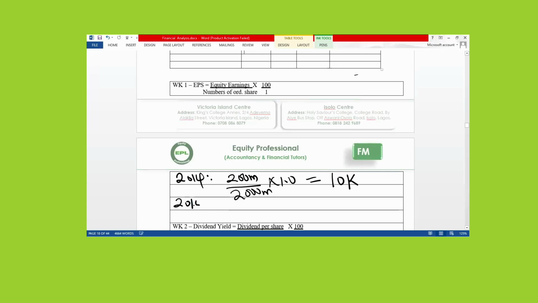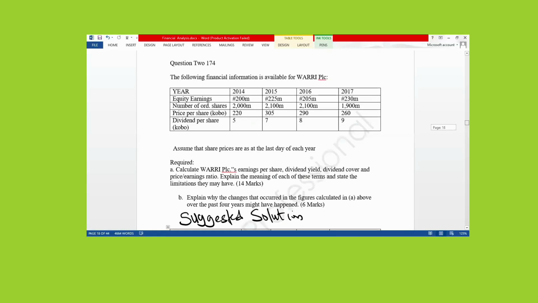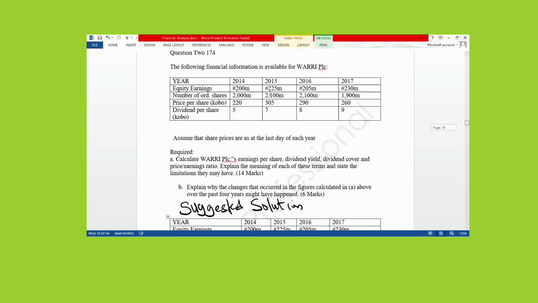Go to 2015. Equity earnings, 225 million. Number of ordinary shares, 2,100 million.